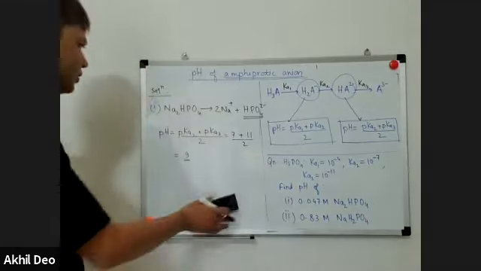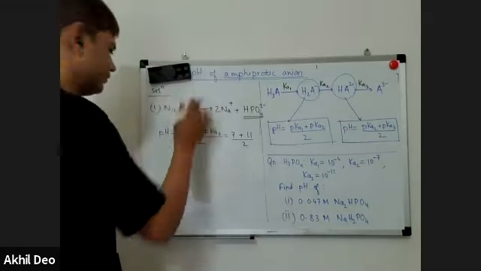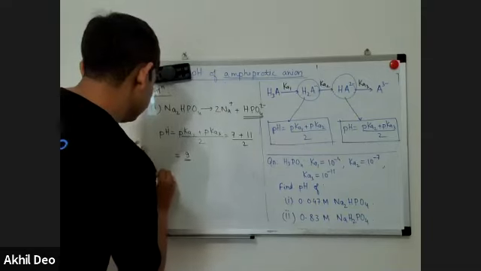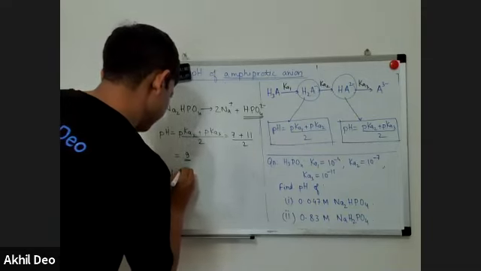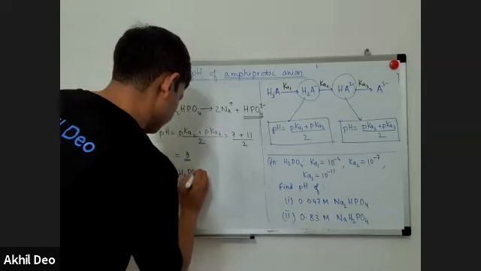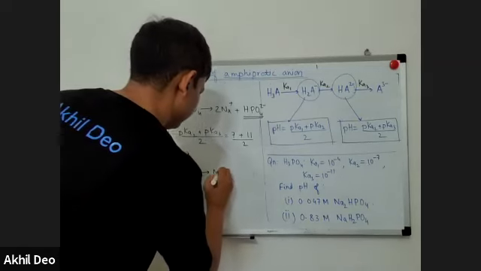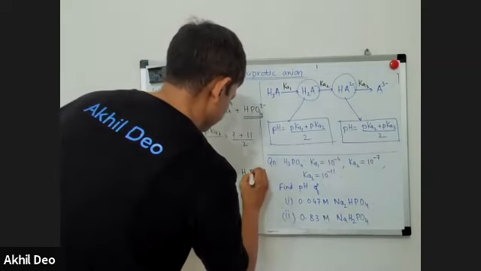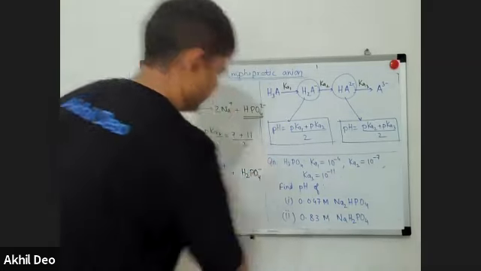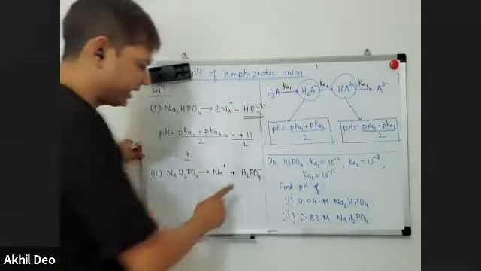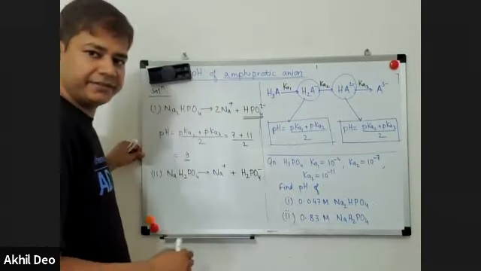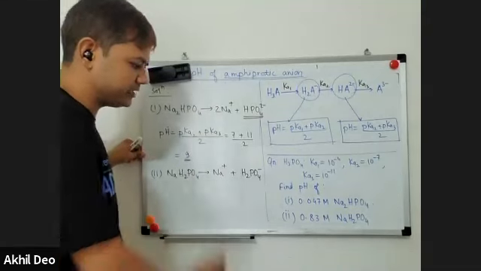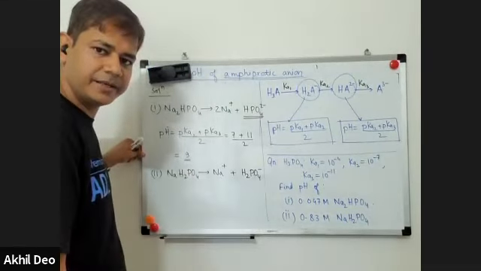And similarly, solving for the second one, the salt is NaH2PO4. NaH2PO4 will give Na plus, cation of a strong base, and H2PO4 minus, the amphiprotic anion. For the amphiprotic anion, pH will be the average of previous and the next ionization constants. For H2PO4 minus, the previous ionization constant will be K1.